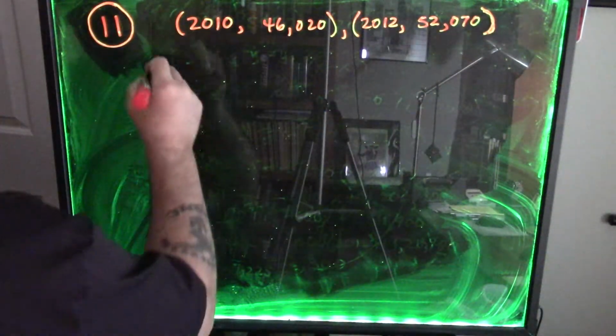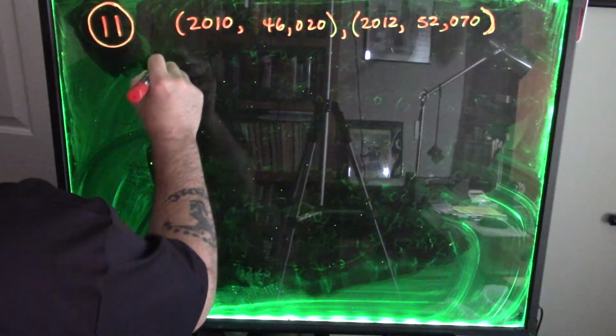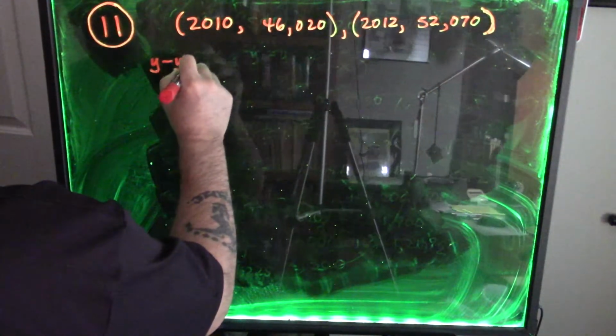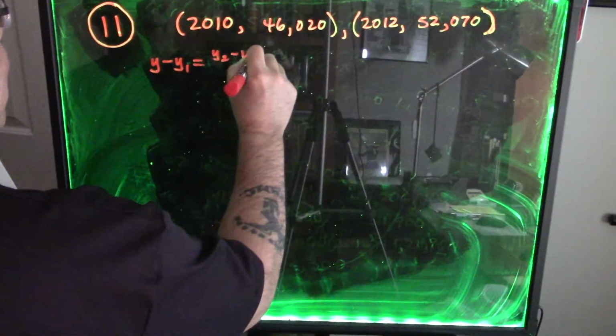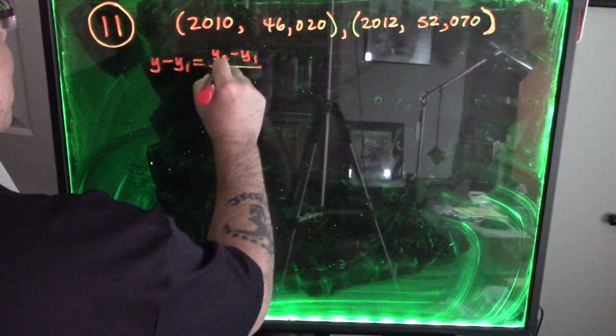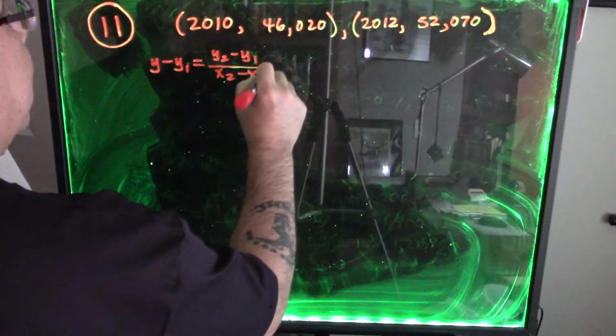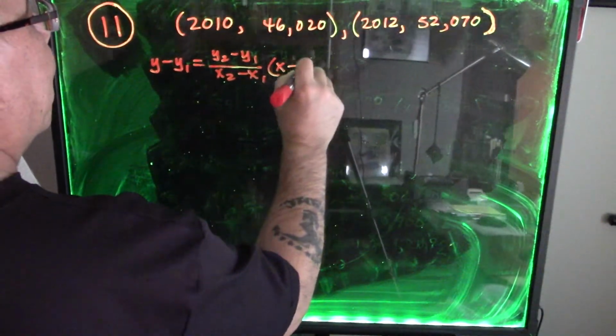So again, use the 2-point equation for a line. y minus y1 equals y2 minus y1 over x2 minus x1, times the quantity x minus x1.